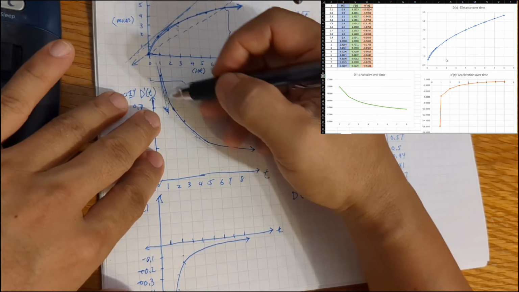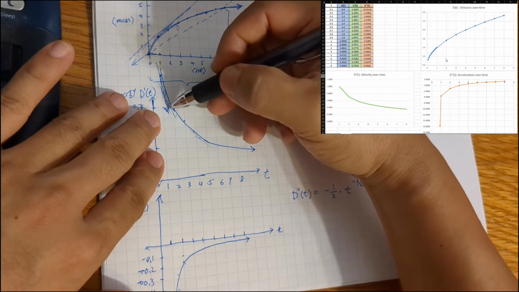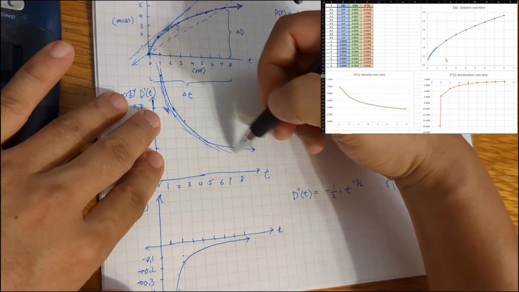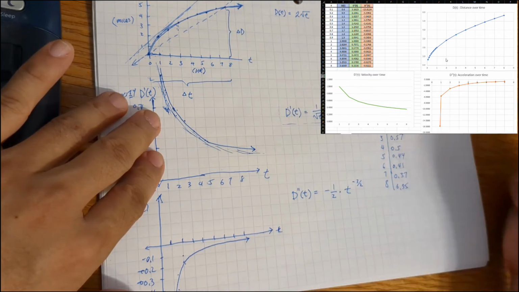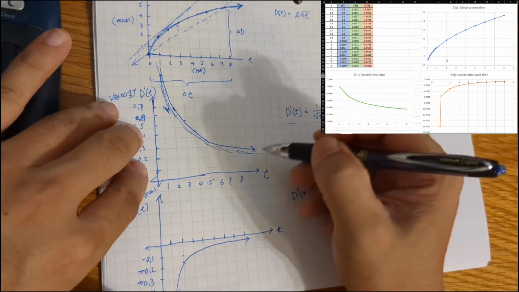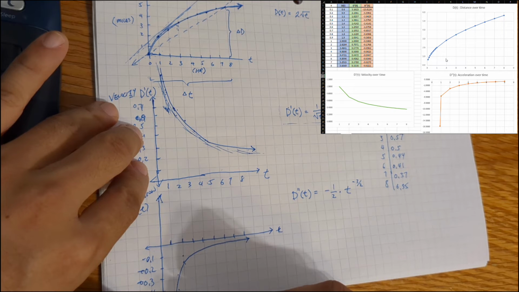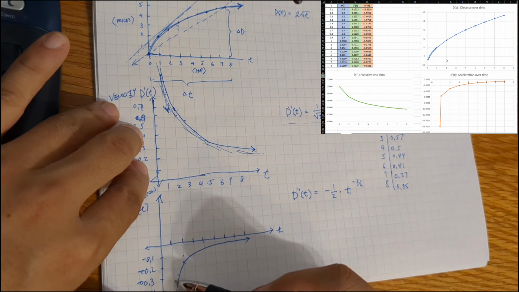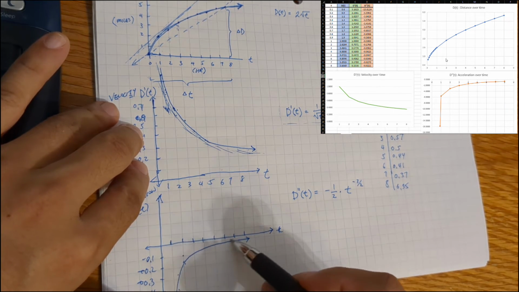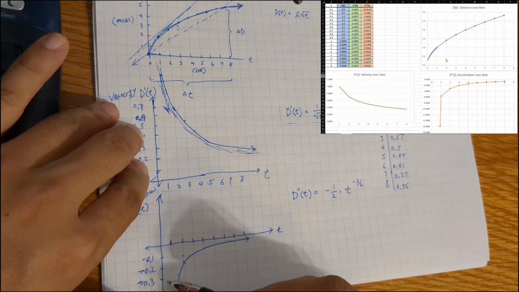You notice the slope is in the negative direction for velocity, and it eventually approaches zero, but never gets to zero. And acceleration, even though it's a negative slope, notice it's gone upwards towards zero.